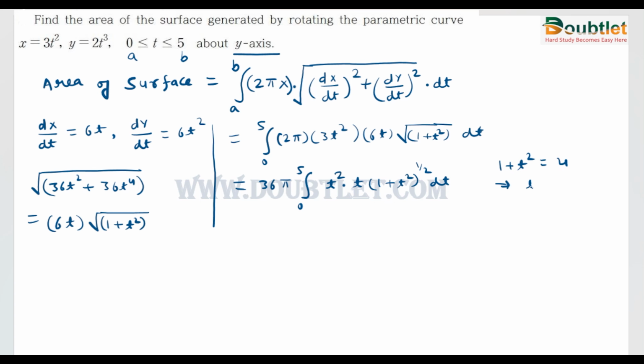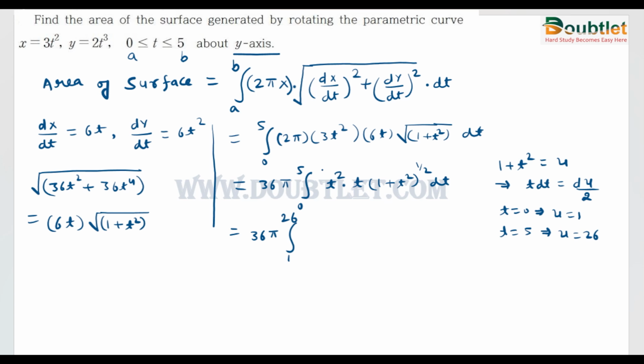So we know that t dt is equal to du by 2, and if we change the limits, then putting t equal to 0 gives u equal to 1, and putting t equal to 5 gives u equal to 26, because 5 squared plus 1 is 26. So while changing the limits, it will be 36 pi, from 1 to 26.